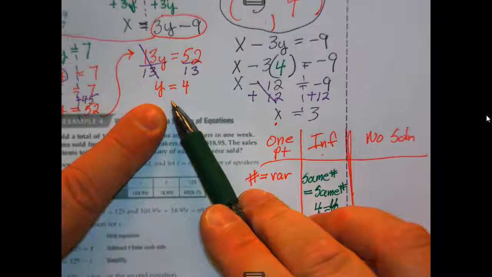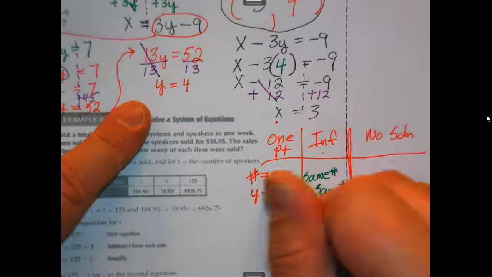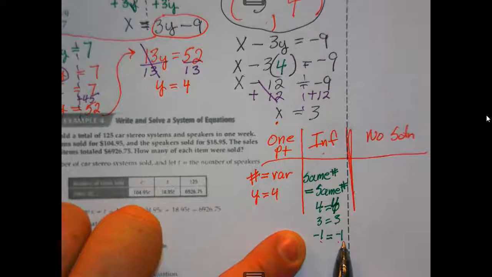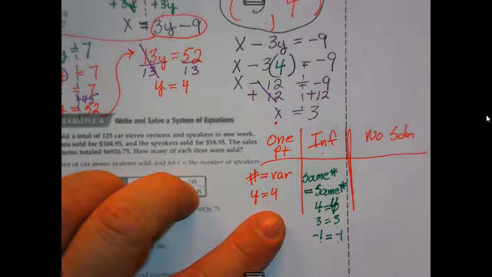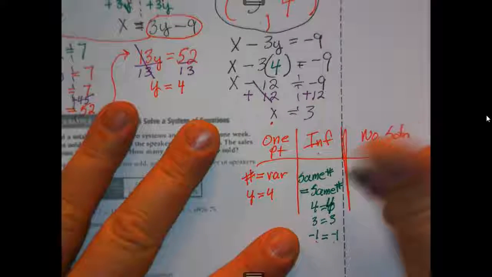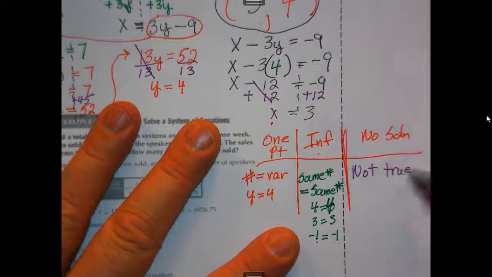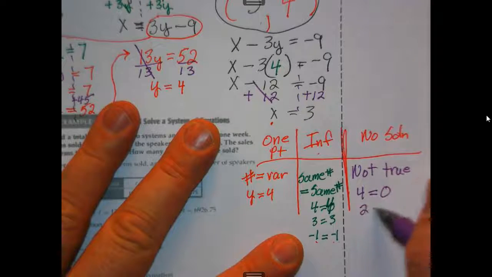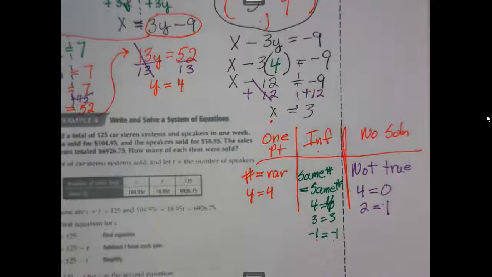Instead of y equal 4, I would have -1 equal -1. Now, if I didn't have any solutions, I would have something that's not true. Like 4 equals 0, 2 equal 1. Okay? Then your answer would be no solution. Does that make sense?